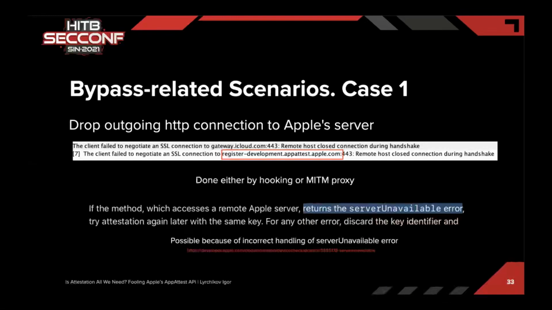And in some cases, application logic handles this as a scenario when Apple server is down or not accessible, and continues working when internet access is disabled, for example. In this case, the bypass works actually.